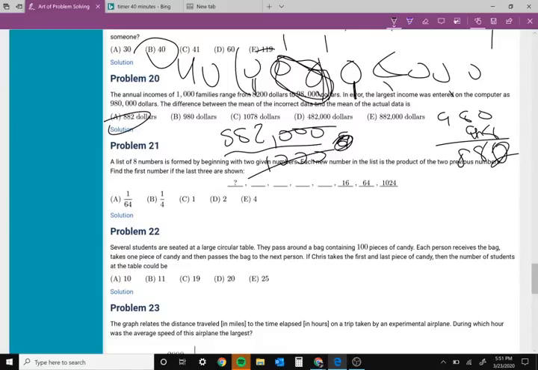Okay. A list of 8 numbers is formed by beginning with 2 given numbers. Each new number in the list is the product of the 2 previous numbers. Find the first number if the last 3 are shown. Alright, so if this is 64, that means it's also 16x. Therefore x equals 4. So this is 4.